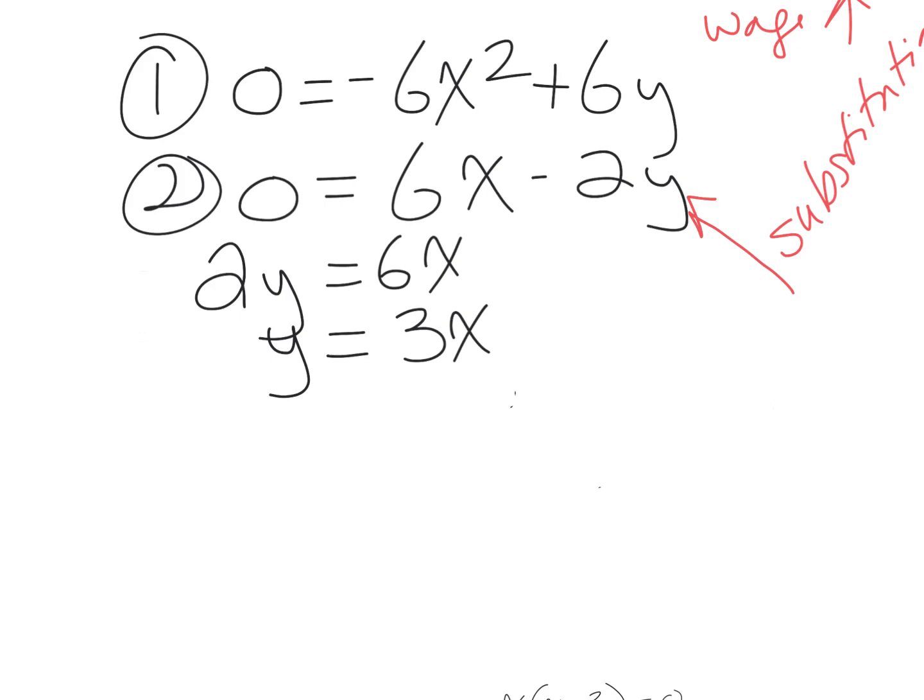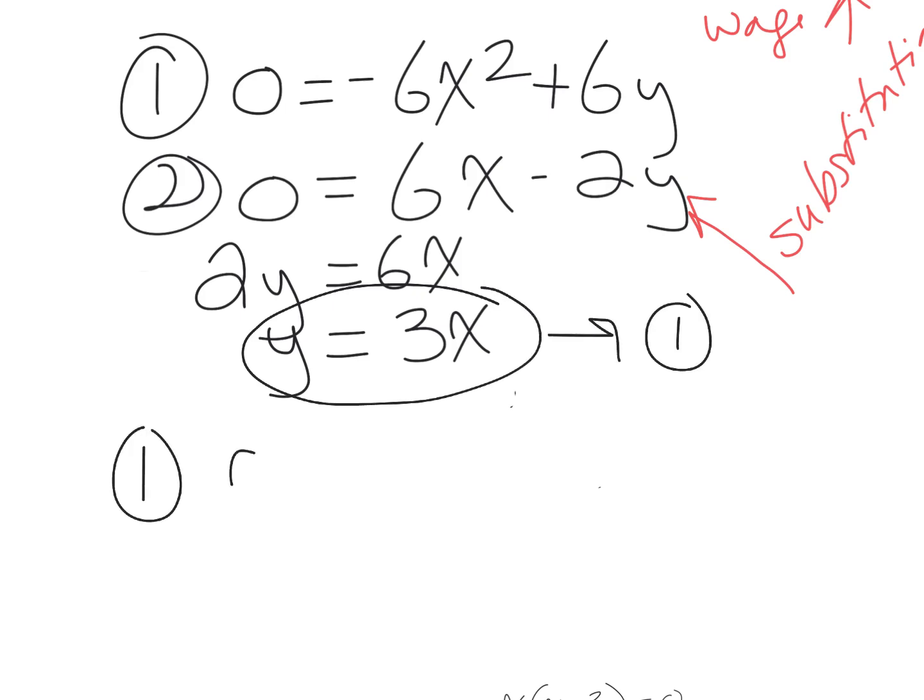Because the first partial derivative has a square in it, I'm just not going to use that. But I am going to, oh wait, yes, I can use that, because I can't put it back in the second partial derivative. So I'm going to substitute this into 1. So I have 0 equals minus 6x squared, and then for every y I have, I'm substituting 3x.